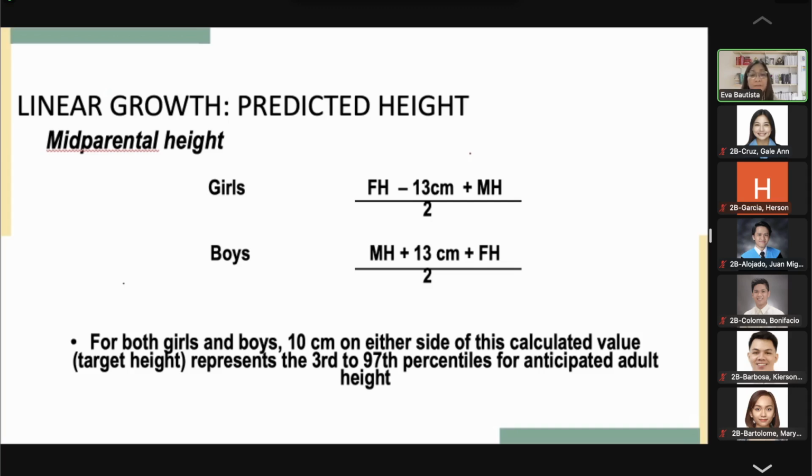So generally, why plus minus 10 centimeters, you would ask. Then it's applied above and below this value to provide a genetic target range. To provide you with a range, because the mid-parental height is one value only, but it could range from less than 10 centimeters to plus 10 centimeters.